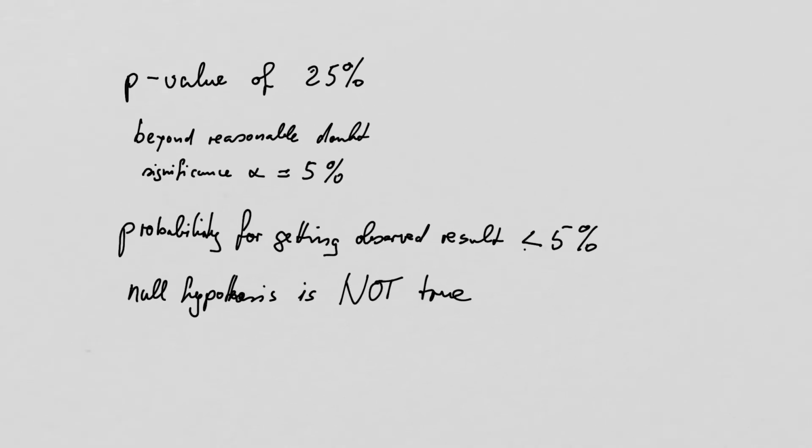In other words, it is very unlikely to get the observed result if the null hypothesis was true. That is basically what this statement here says. It's unlikely to get the observed result.